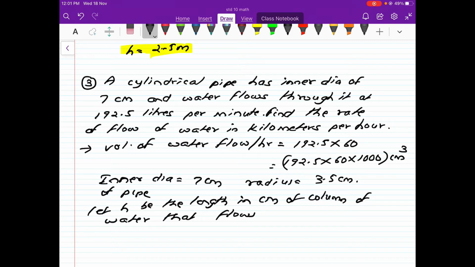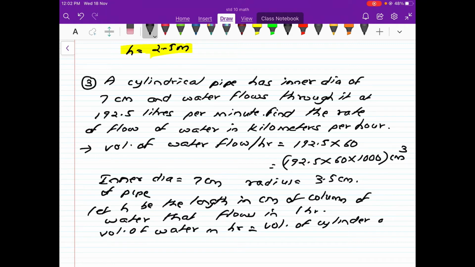So that is what we are talking of, that is h in 1 hour. What will be the volume that will flow in 1 hour? The volume of water in 1 hour forms a cylinder, because it's a cylindrical pipe. So the volume of the cylinder of radius 3.5 centimeters and height h centimeters.